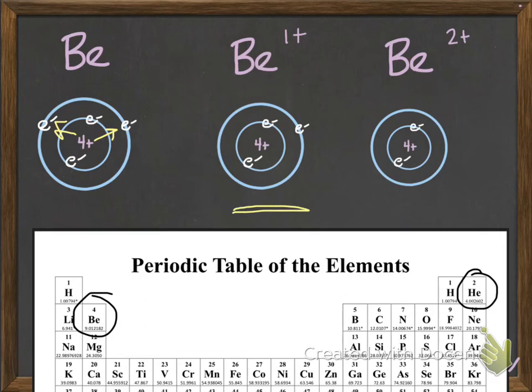Once beryllium loses its first electron and we have a beryllium 1+ ion, we now have 4 protons exerting a pulling force on just 3 electrons. It's not a fair fight anymore. And in fact, the second ionization energy, the energy required to remove yet another electron, is much higher in elements.